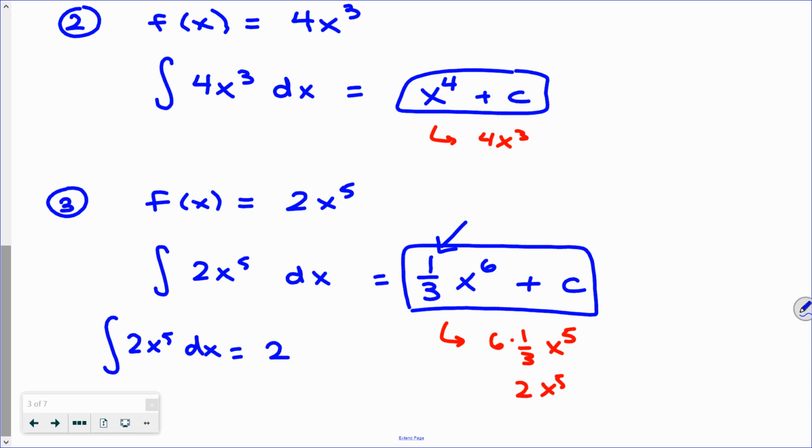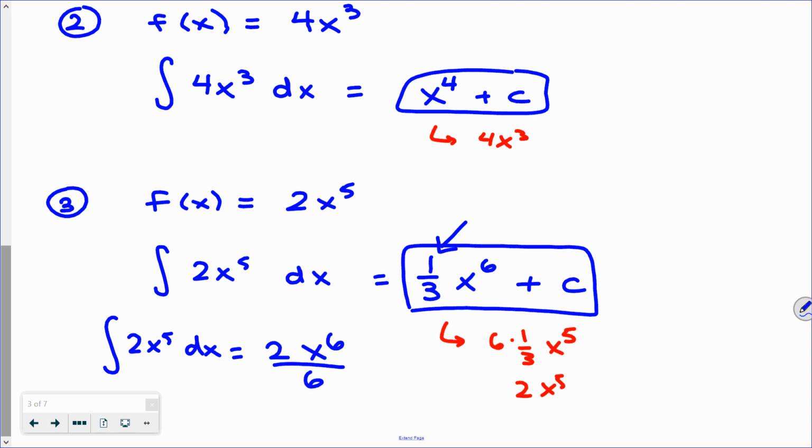increase the power by 1, trying to figure out a formula here, and divide by the new power. That will do the trick.